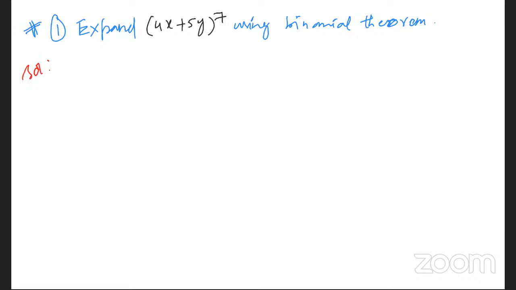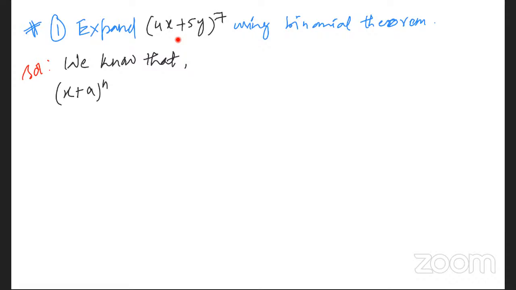So now we'll see the solution. We know that, again, the same expansion. I'll write once more, try to practice this one. (x + a)^n, based on this expansion, we can expand (4x + 5y)^7. So first we'll write the formula.